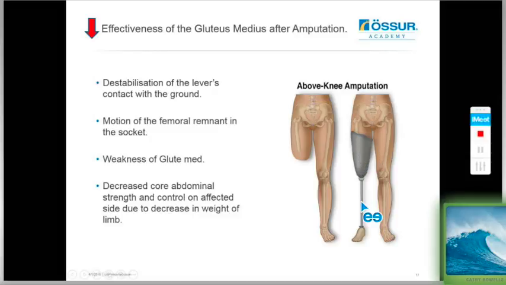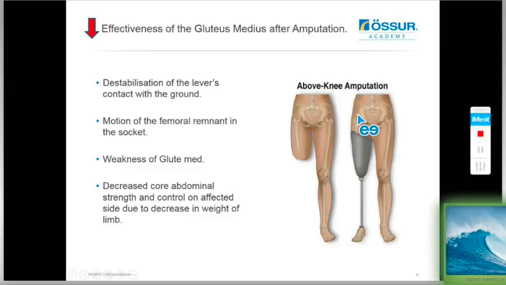So effectively, we've added another joint into the leg, and that's the joint between the stump socket interface. So there's going to be extra movement happening in there, which works to destabilise this lever that the patient has to weight bear on. And so with that destabilisation, we have motion of the femoral remnant within the socket.